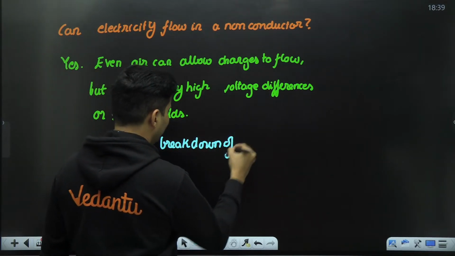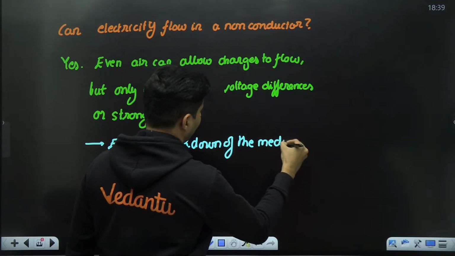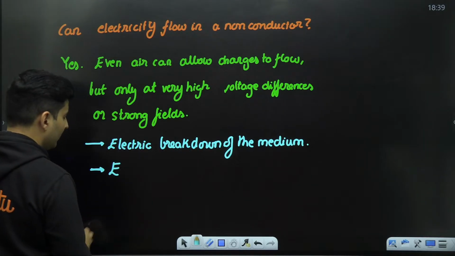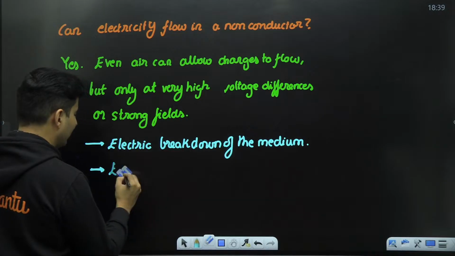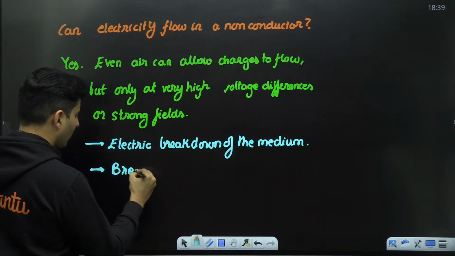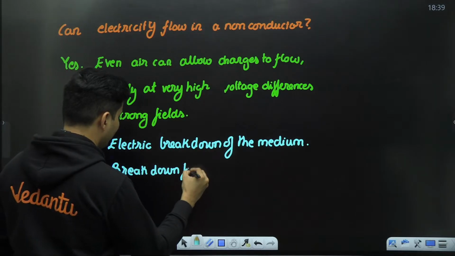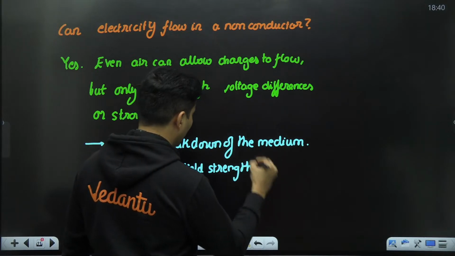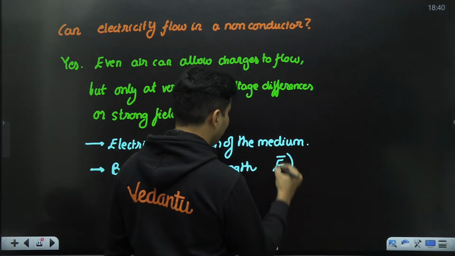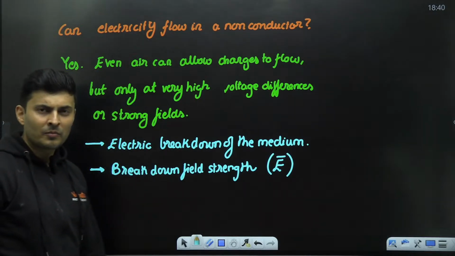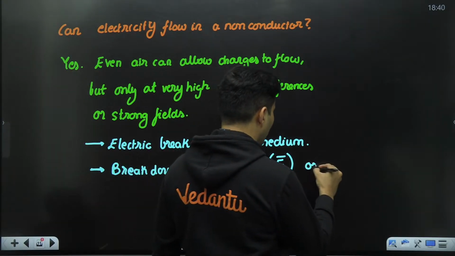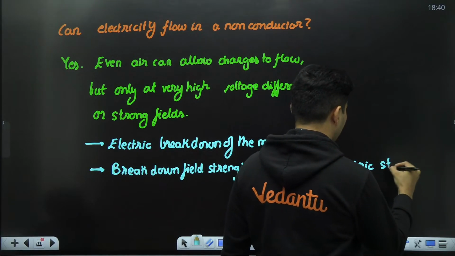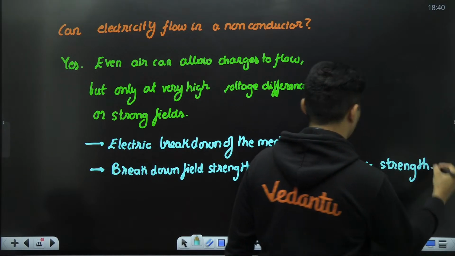The electric field at which it happens, you can call the breakdown field, or the breakdown field strength of the medium, or sometimes the dielectric strength of the medium.